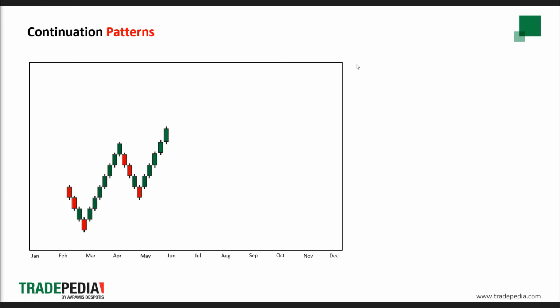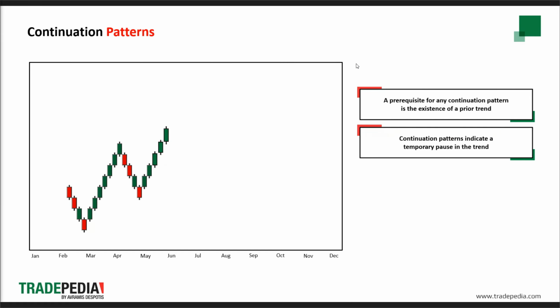All right, so first and foremost, in order to have a continuation pattern, the prerequisite is to have an extended prior trend. So let me just take out my pen again.